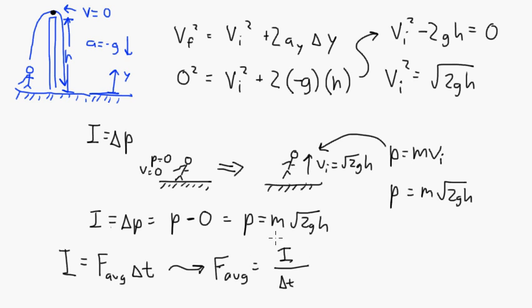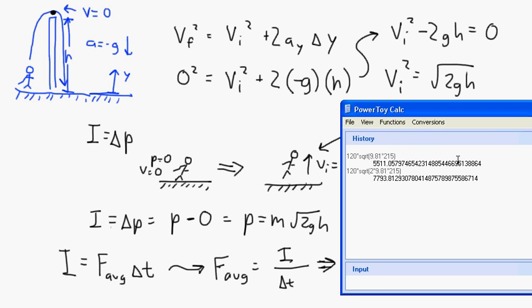The impulse here we found equals the momentum, which is just m times the square root of 2gh. So average force is going to be m times the square root of 2gh all over delta t. So really it's just our previous answer divided by delta t.